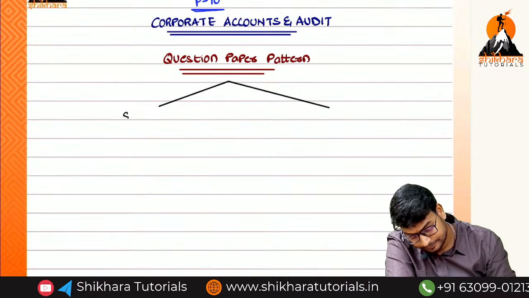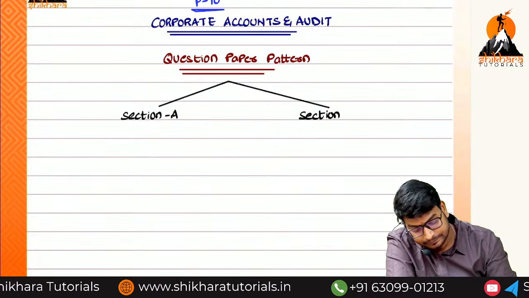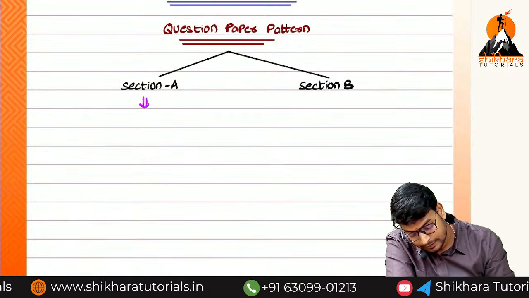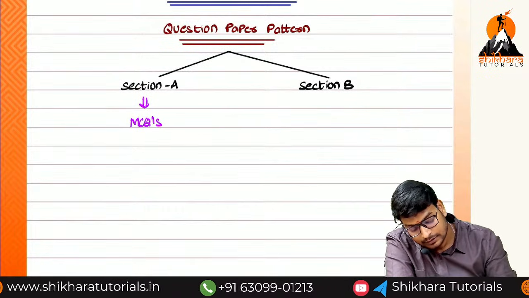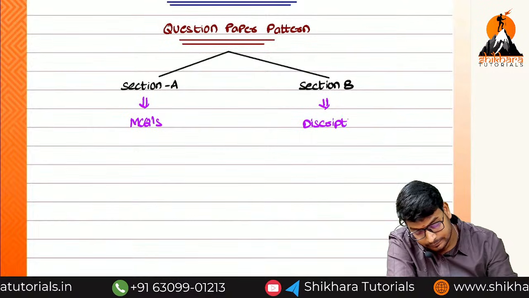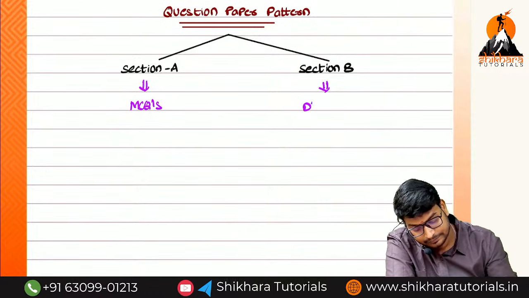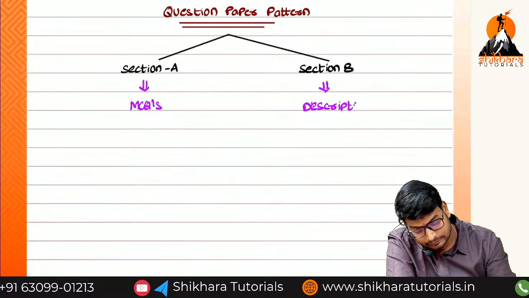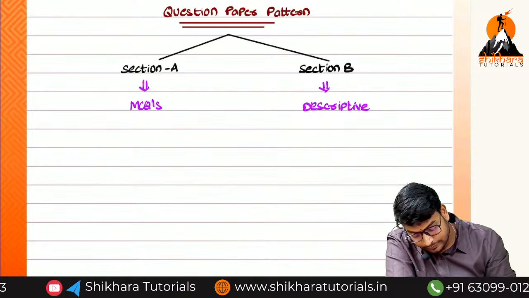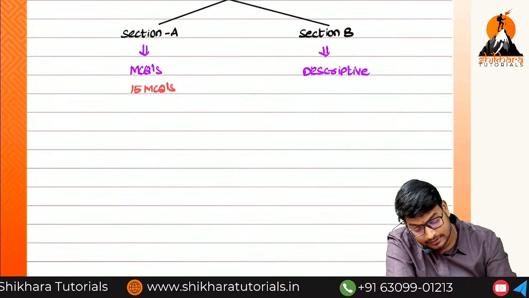Section A and section B. In section A we have the MCQs, and in section B we have the descriptive part. Section A is for 15 MCQs.